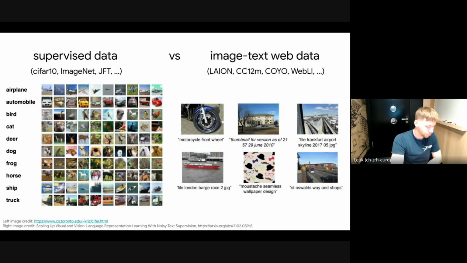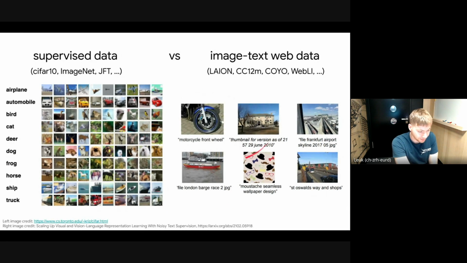And just to exemplify the change in the pre-training data, previously all data sets in vision that have anything to do with pre-training were something along that line: a set of classes that somebody comes up with, be it an engineer at a company or a PhD student in their lab, somebody comes up with the set of concepts they want the model to learn, and then collects a list of images for each of these classes.